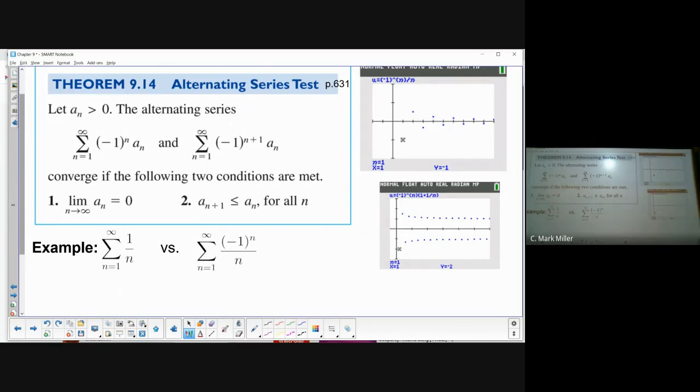So the part without the minus 1 to the n part has to go to 0. Second, the part without the minus 1 part has to be, what do they call it? Non-decreasing. Wait a minute.